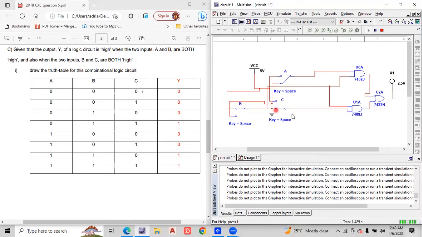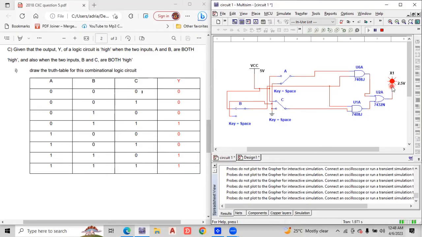Indicator should be off. So there we go. Indicator is off. All right. Let's go again. A is low, B is high, C is high. Now the indicator should be on. So it means that the output is high. All right, good. So there we go.